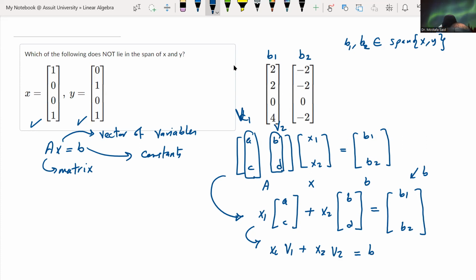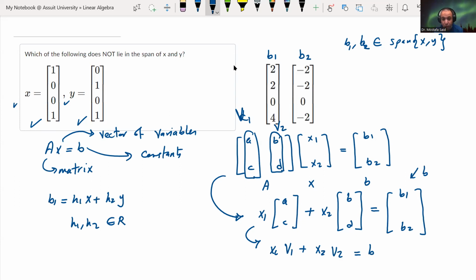We have X and Y. So what we want to prove is that B1 equals some constants, let's call them H1 and H2: H1X plus H2Y, where H1 and H2 are just constants belonging to R, real numbers.